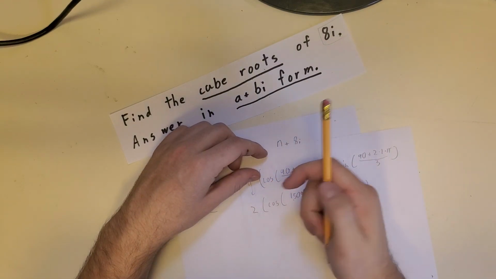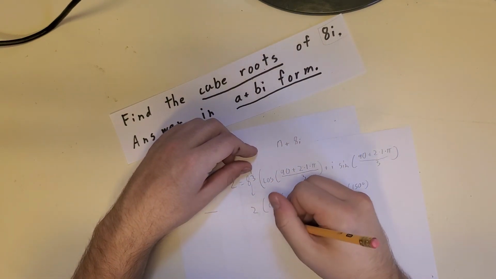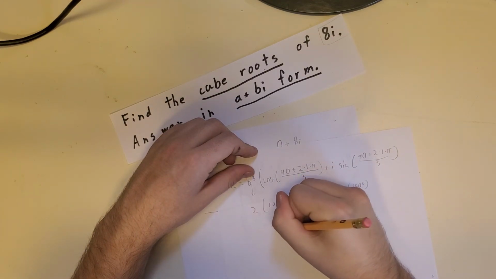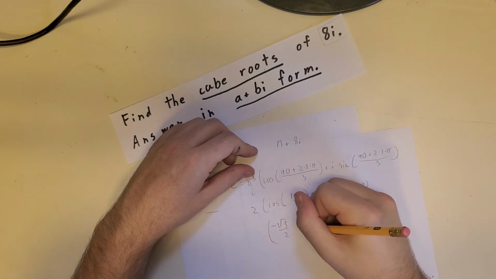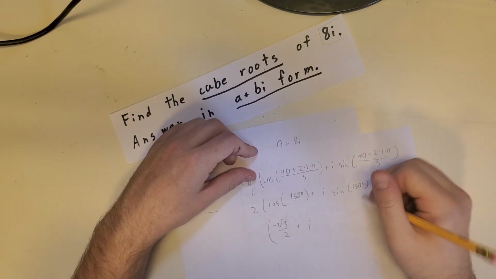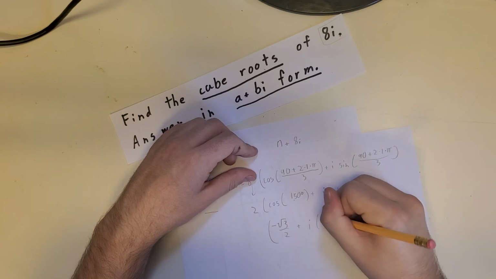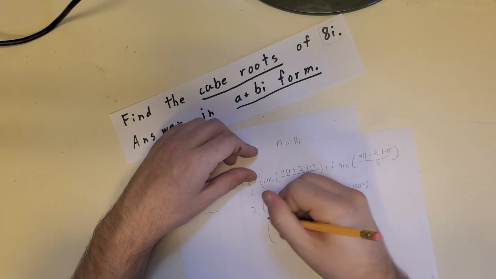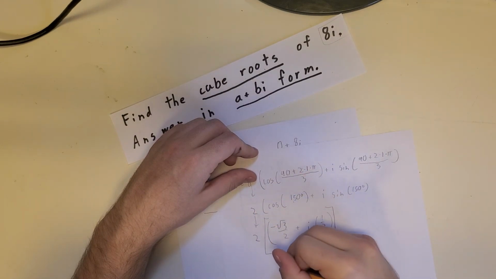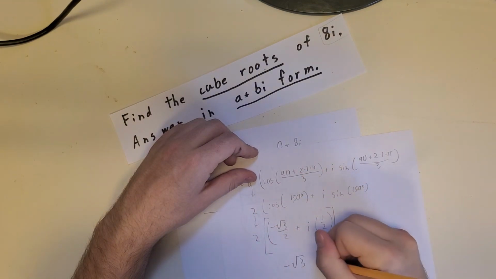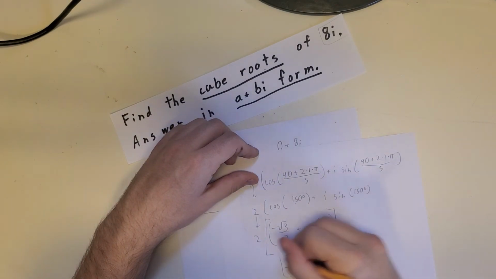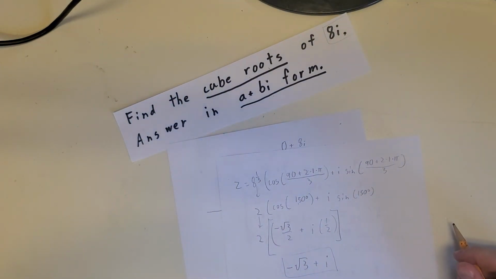So then looking at our unit circle, cosine of 150 degrees is negative root 3 over 2 plus I times the sine of 150 degrees is going to be a positive 1/2, and then this is all multiplied by 2 to give us negative root 3 plus I. And that is the second of our 3 roots.